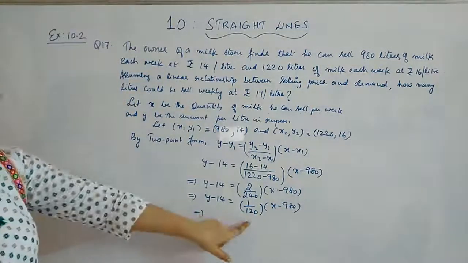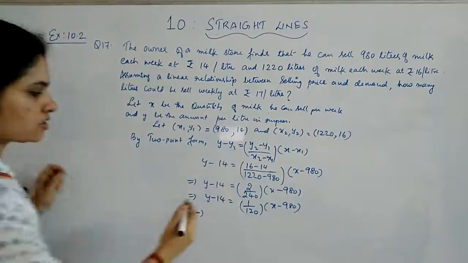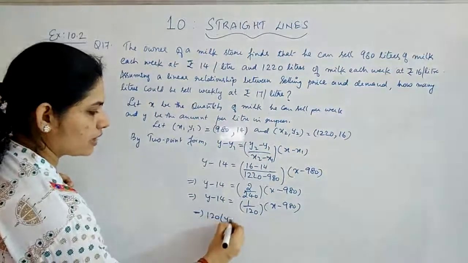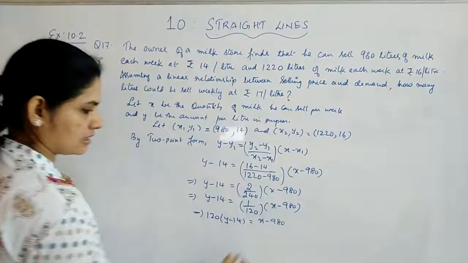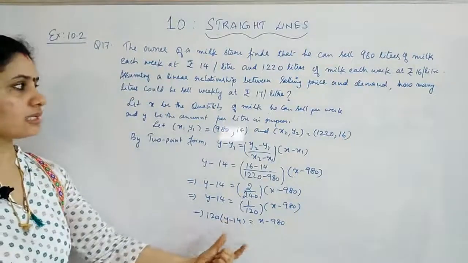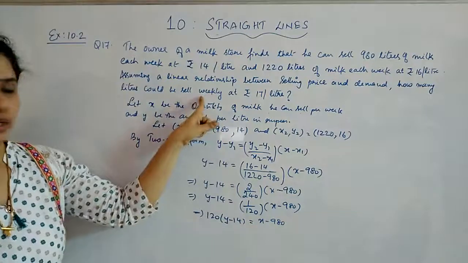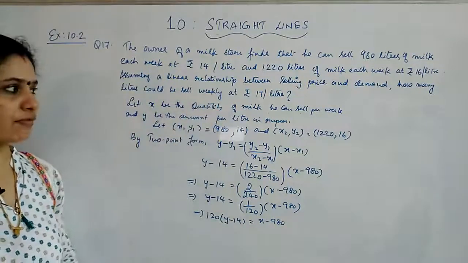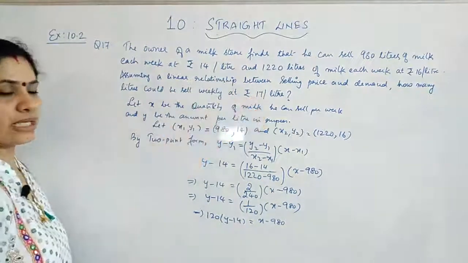Okay, now we are just taking this to the other side, so that you will get 120 into y minus 14 is equal to x minus 980. Now actually this is the relation connecting y and x, and what is your purpose? To find out what is the quantity of milk he has to sell per week when he is selling it at a rate of 17 per liter.